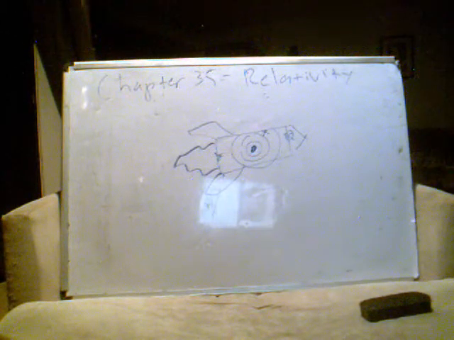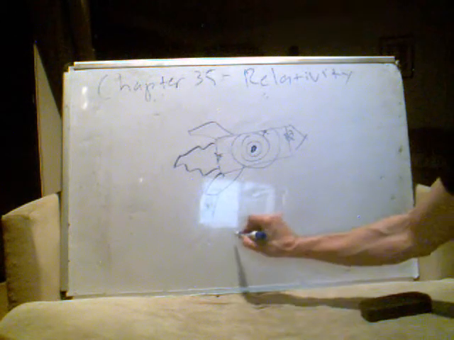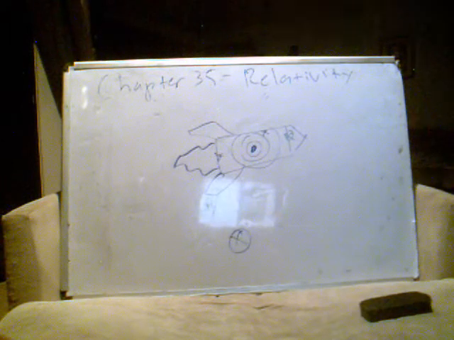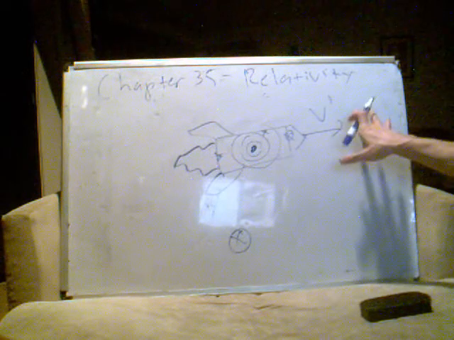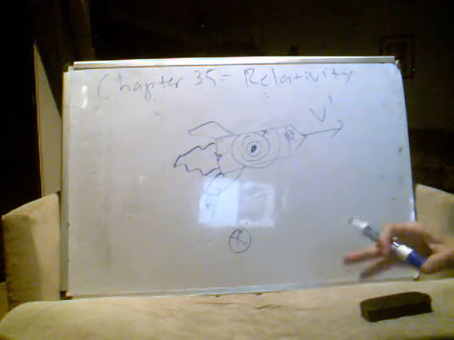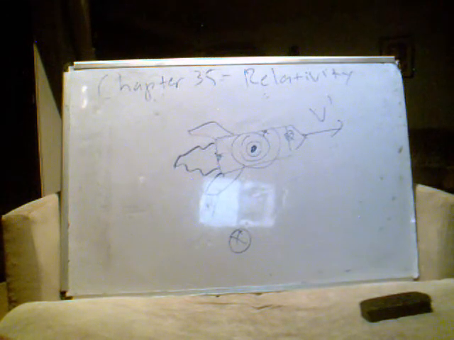Seems pretty straightforward, right? However, let's say you're outside of the ship, and it's moving at a very fast velocity, what we call a relativistic speed, some significant fraction of the speed of light.